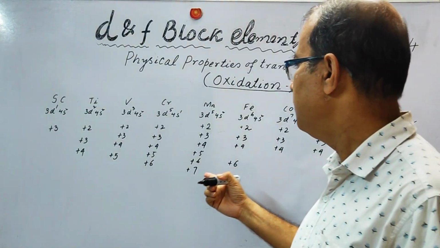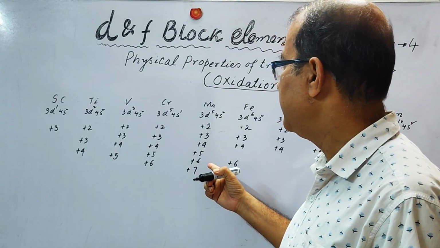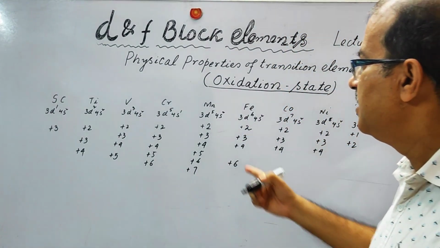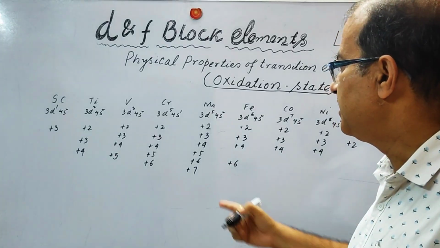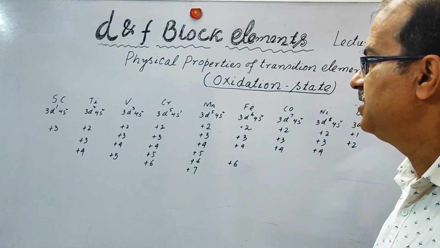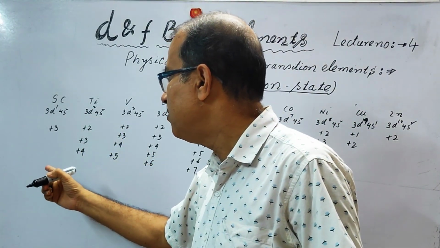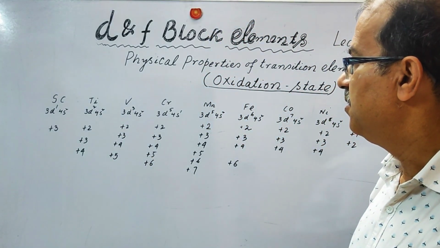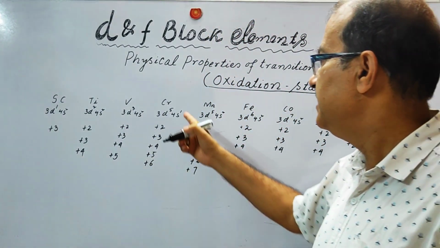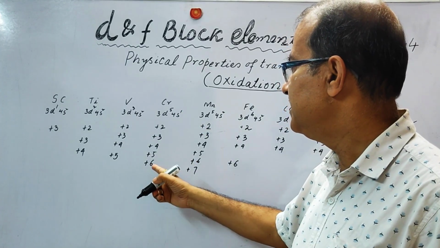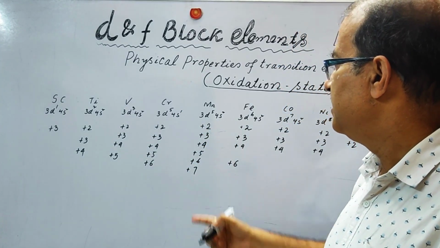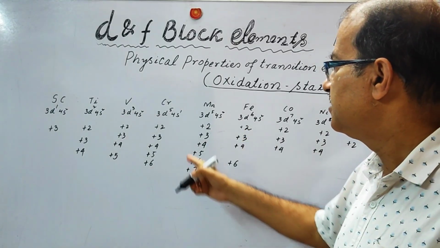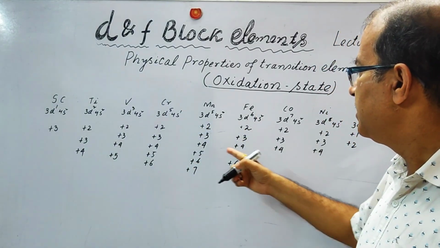Manganese has the maximum number of oxidation states, that is 6. Scandium has 1, titanium 3, vanadium 4, chromium 5, and manganese 6.